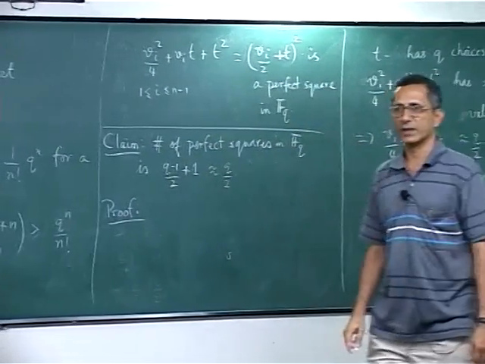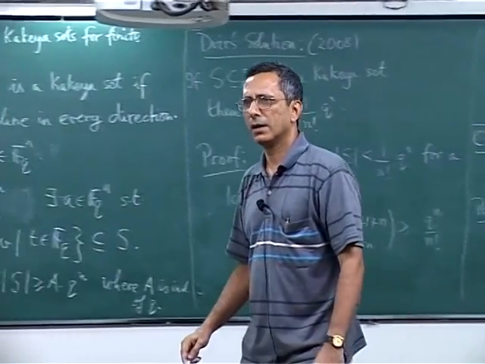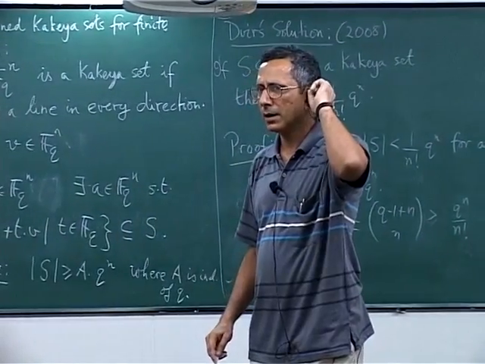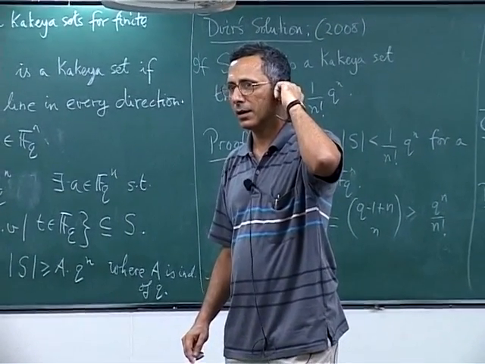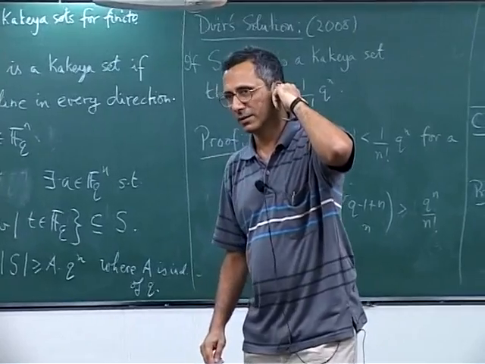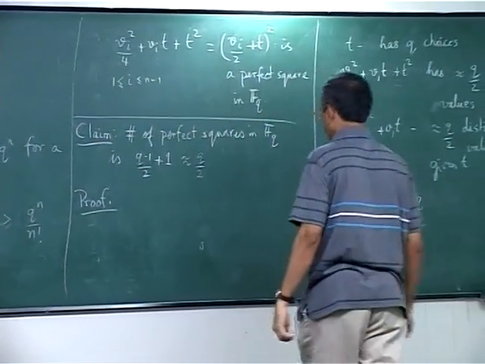Number of perfect squares. x and minus x both map to the same element in Fq, and x and minus x are distinct because the characteristic is not 2.